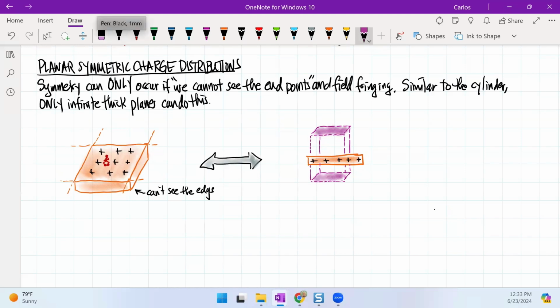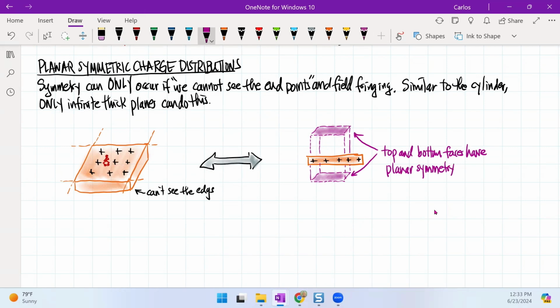So in other words, what this is telling me here is that we have symmetry. So then only the top and bottom faces have planar symmetry, not the sidewalls.